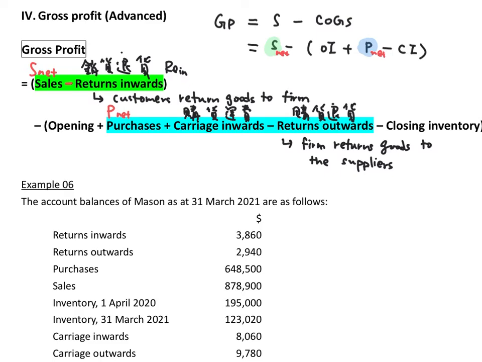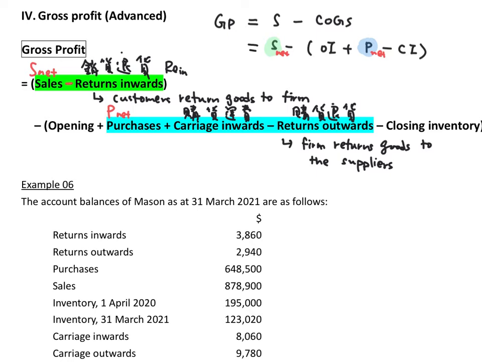They find the goods are not suitable for them, then they return the goods to the supplier. So we have a new gross profit for the calculation.